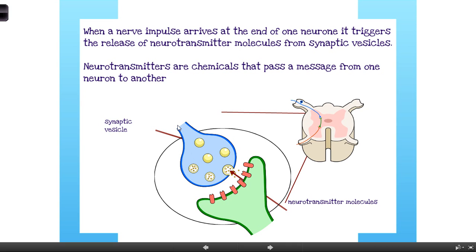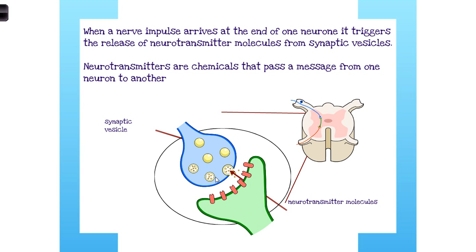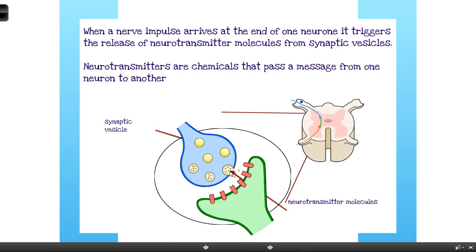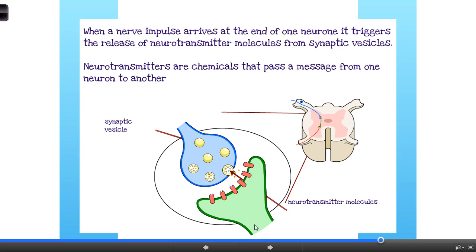So on the end of the axon terminal here, we've got these small bubbles, little pockets that contain these chemical messengers. And when the electrical signal reaches the end here, those messengers are released, and they can float across the gap, and basically they'll attach to little receptors on this side, and activate the signal to carry on the other side.